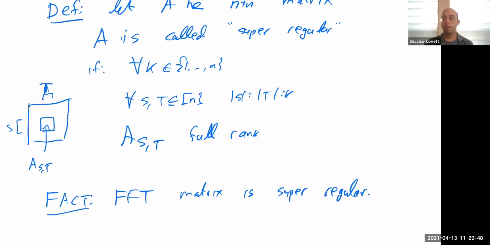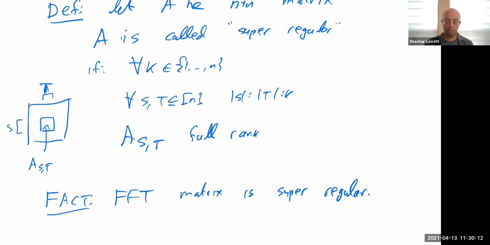That's a very nice fact. It's not obvious. It's been rediscovered by people again and again in different communities, with probably five different proofs of it at this point. So if you take any submatrix of the FFT matrix, it's going to have as large rank as it could potentially have.